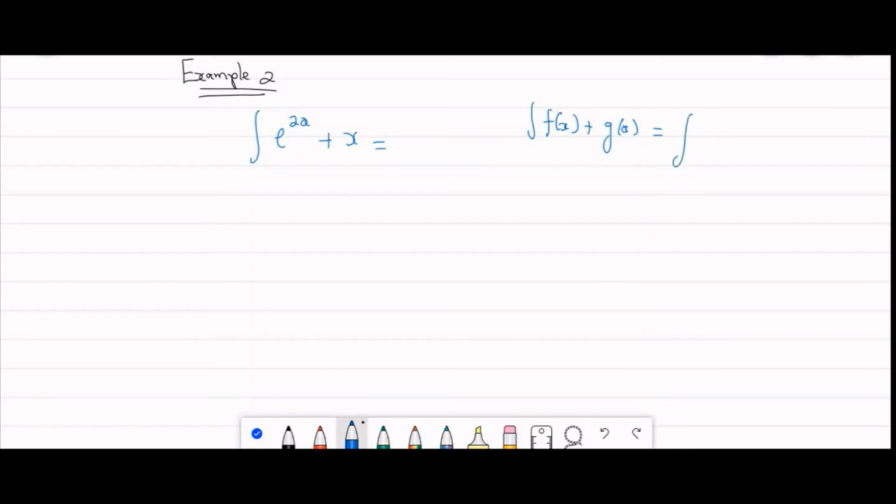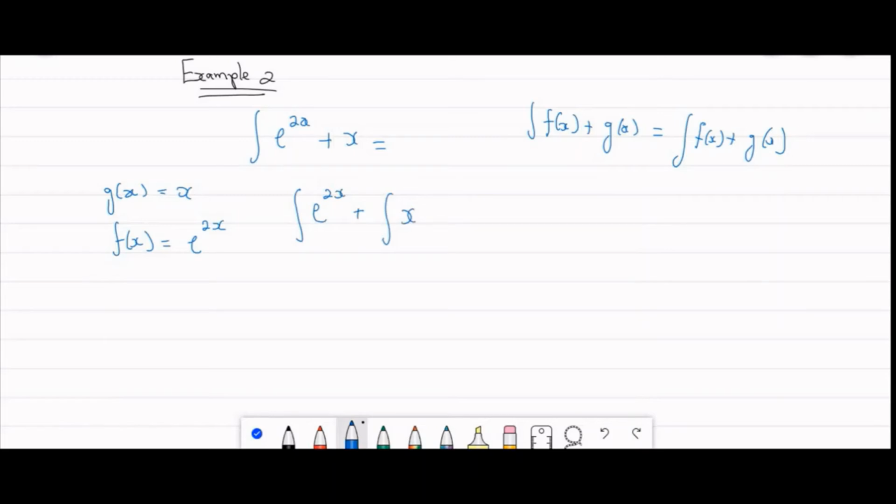So we'll have an integral of f of x plus g of x. In this case, our g of x will be equal to x, and our f of x will be equal to e to the power 2x. So that means we'll have an integral of e to the power 2x plus an integral of x.